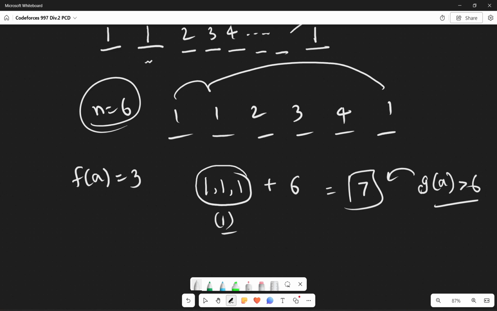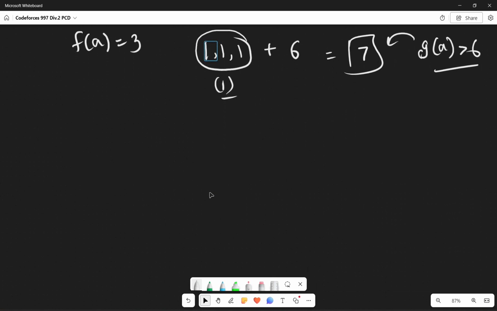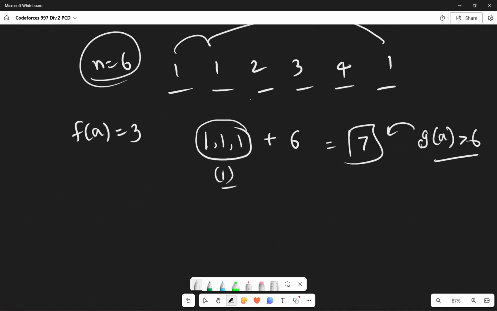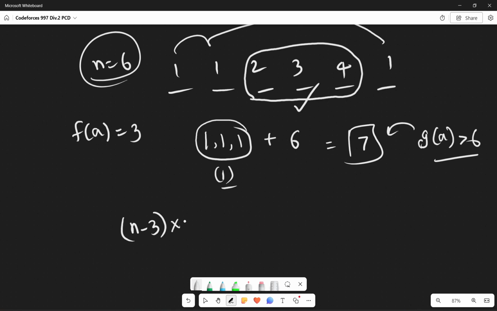Makes sense? Yes. And you can verify that, suppose n minus 3 elements would fit here, right? So n minus 3 into 2, for this one there will be n minus 3 such subsequences.